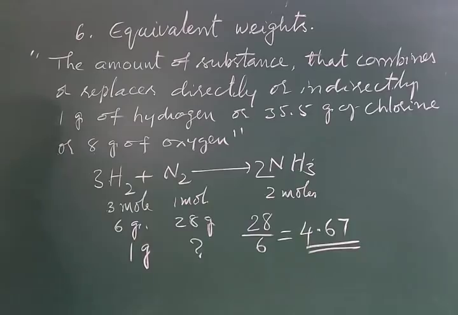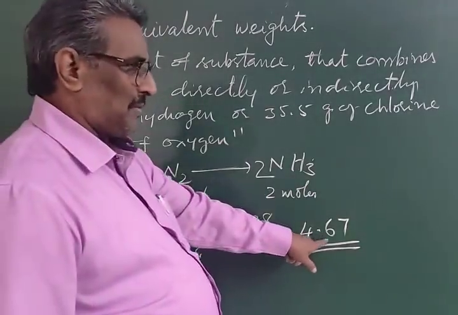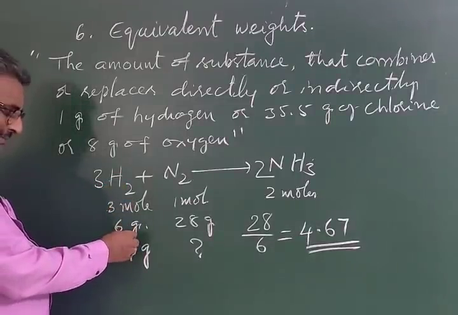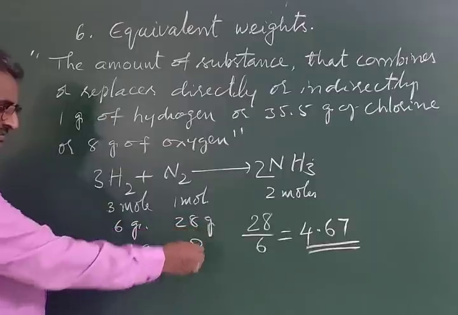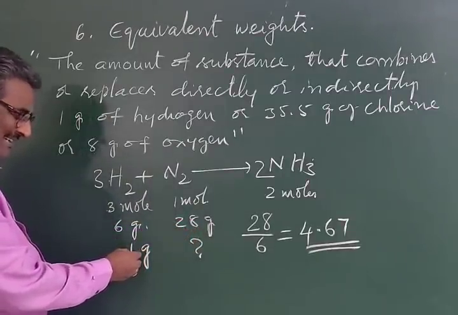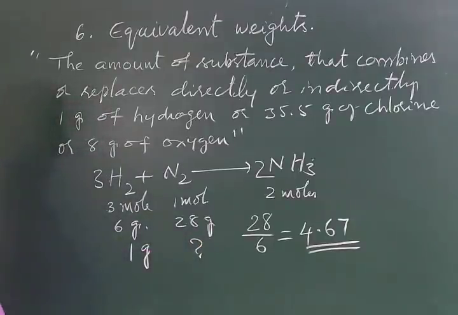So the equivalent weight of nitrogen is 4.67. According to this equation, 6 grams of hydrogen can combine with 28 grams of nitrogen. 1 gram of hydrogen can combine with how many grams of nitrogen? 4.67 grams of nitrogen.